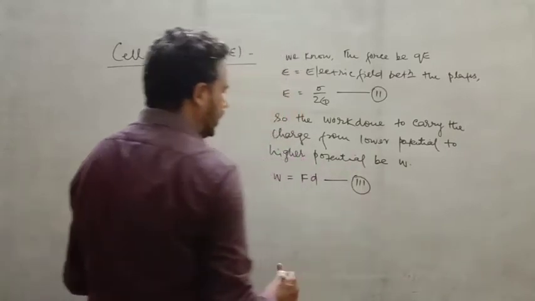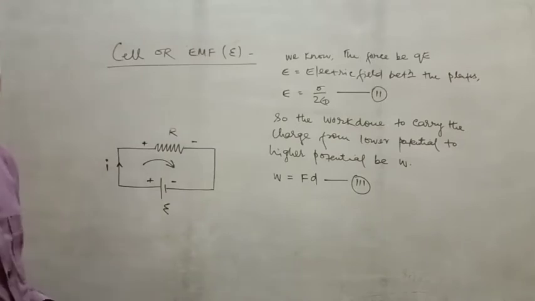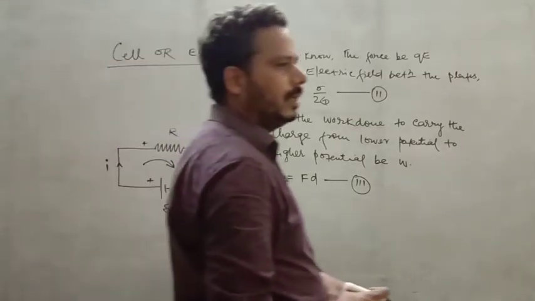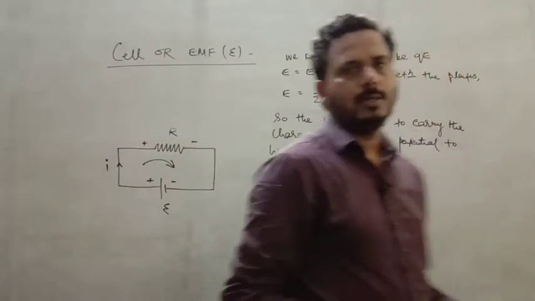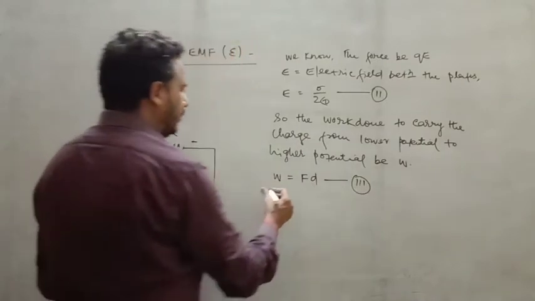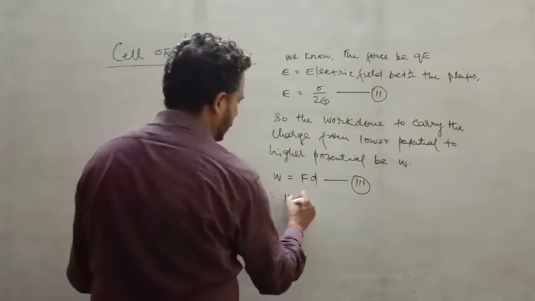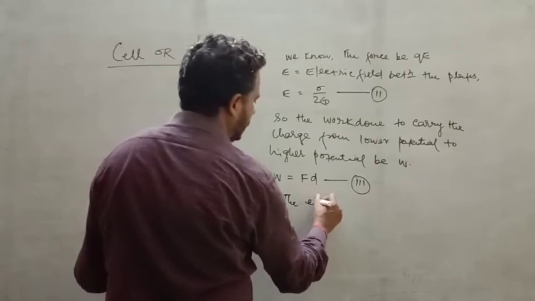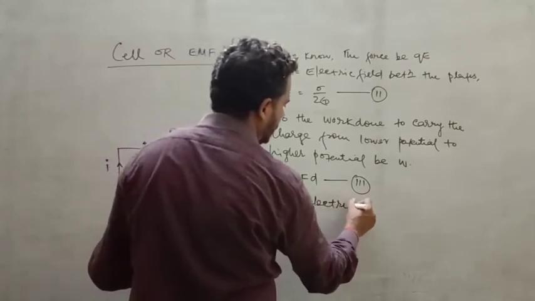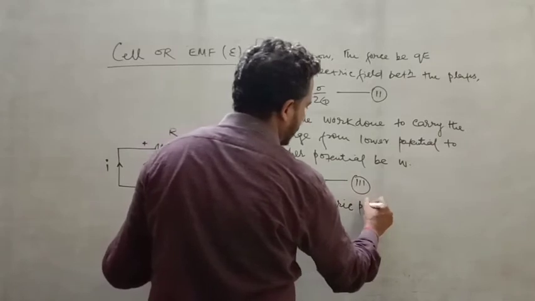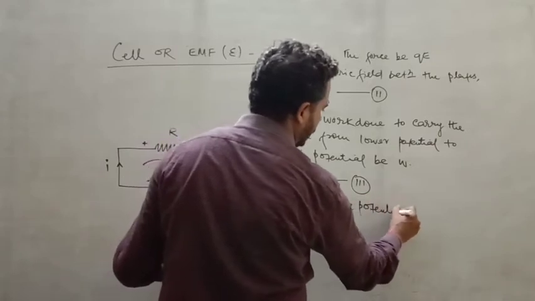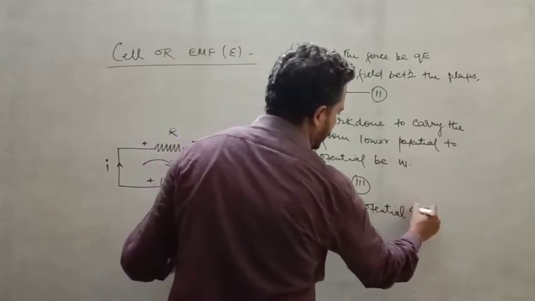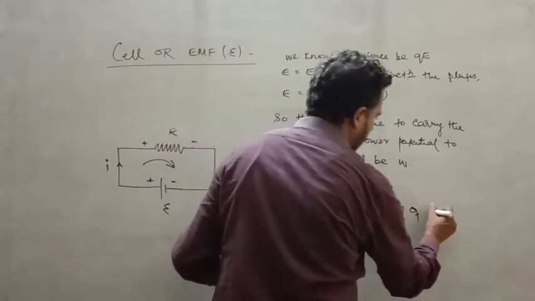Then you have to find the potential between the plates of the cell. Therefore the electric potential of a cell.